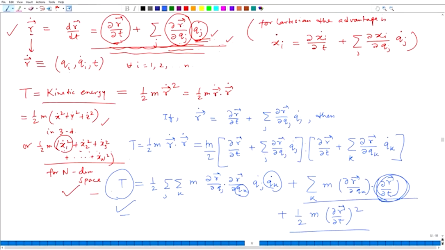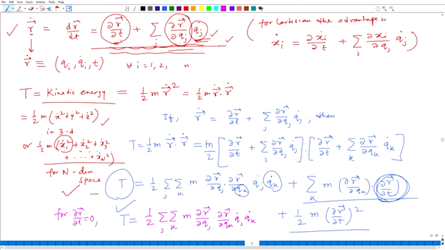So, I am writing that for ∂r/∂t equal to 0, T is simply half summation over j, k of m (∂r/∂q_j) (∂r/∂q_k) q_j dot q_k dot.